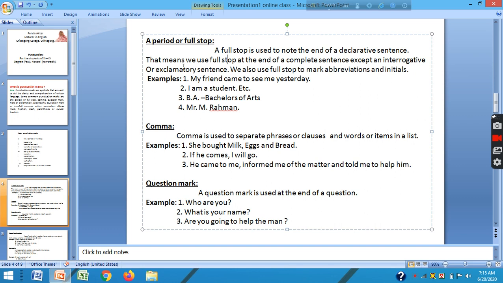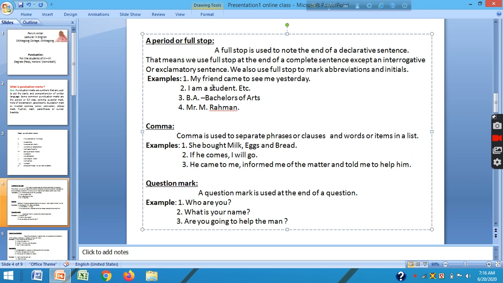Now, notice these examples. Number 1, my friend came to me in study. Number 2, I'm a student.